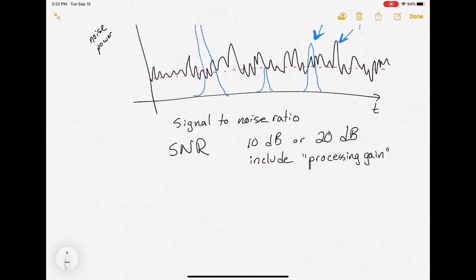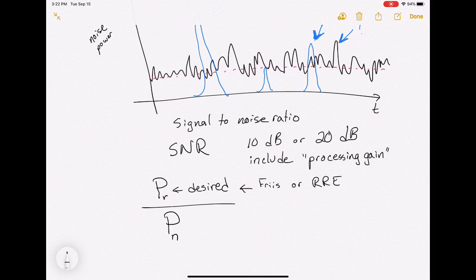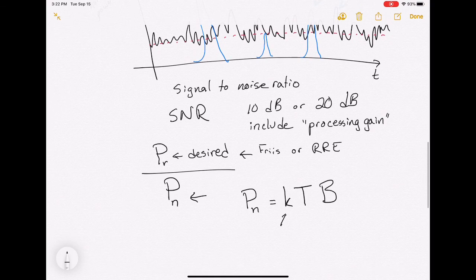So the signal-to-noise ratio is defined as the power that you receive from your desired signal divided by the noise power. Now this received power from your desired signal you get from the Friis equation or the radar range equation. And the noise power you get from noise power equals KTB, where K is Boltzmann's constant.